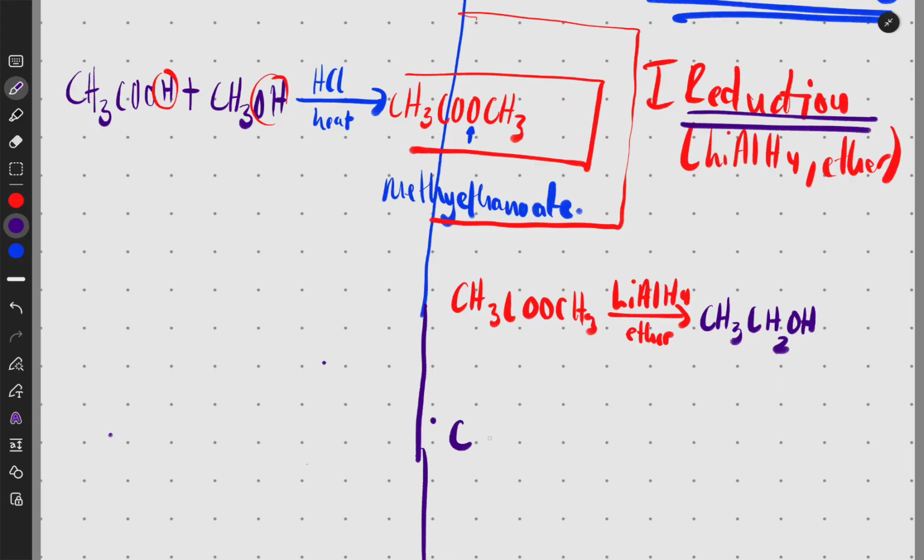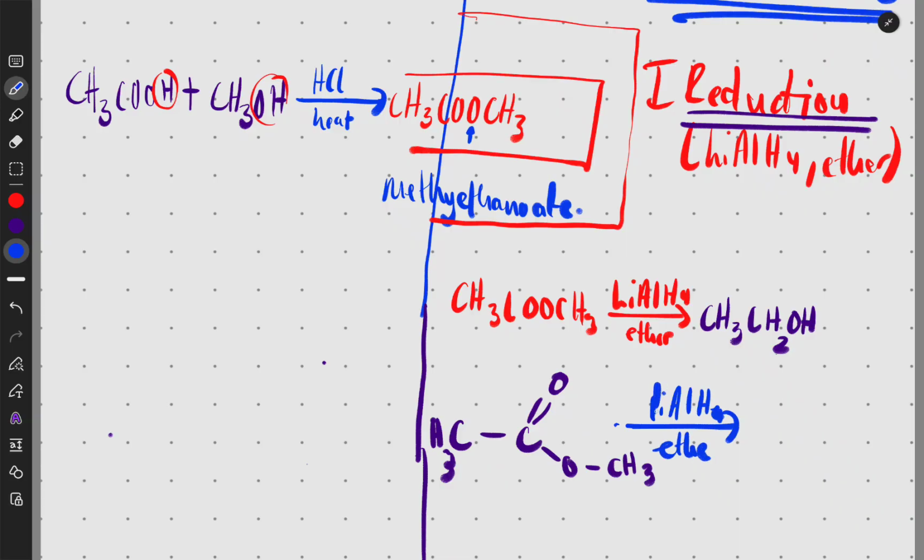So if you were to put it, you could say it was something like this. Here we have a CH3, and we know this is a CH3. So what just happens is we reduce it with LiAlH4 in ether. This is the stronger one. What are we going to get?